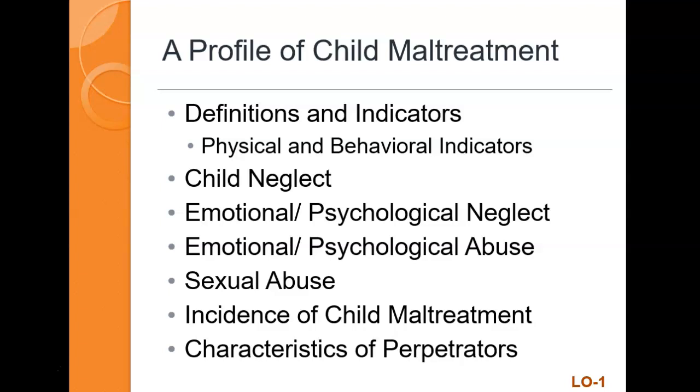Oftentimes there are voids in nurturing family environments related to that lack of parenting skills. We also know that perpetrators have poor general coping skills. When we talk about this, we're thinking about their inability to cope with stress and oftentimes lashing out at their children to deal with that stress.